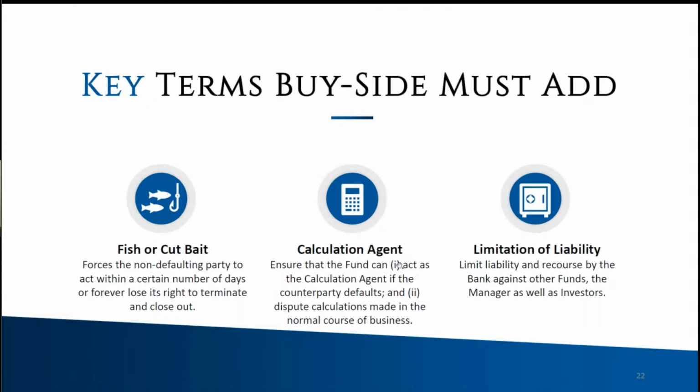The calculation agent. The calculation agent makes a lot of determinations for amounts to be paid under the documentation. So it's important that because we're dealing in an OTC derivative market space, and some transactions are easier to mark than others, it's important to be able to dispute any calculations that have been made by the calculation agent in the normal course of business.